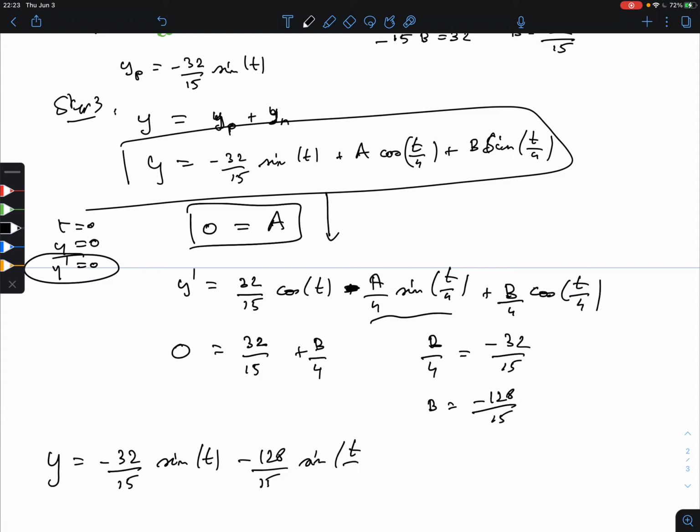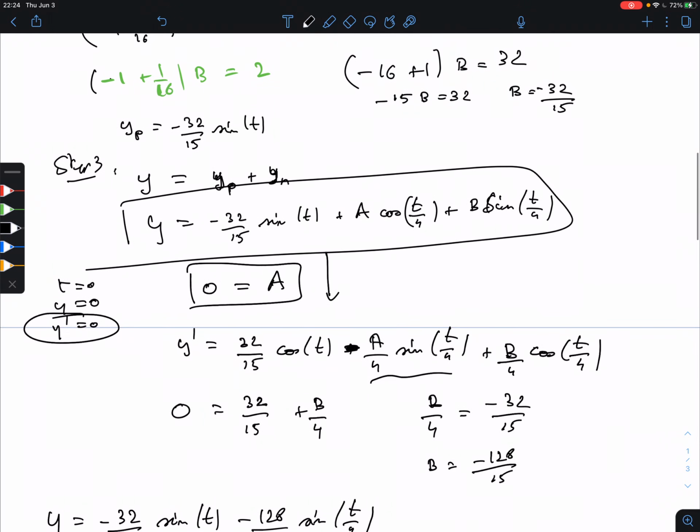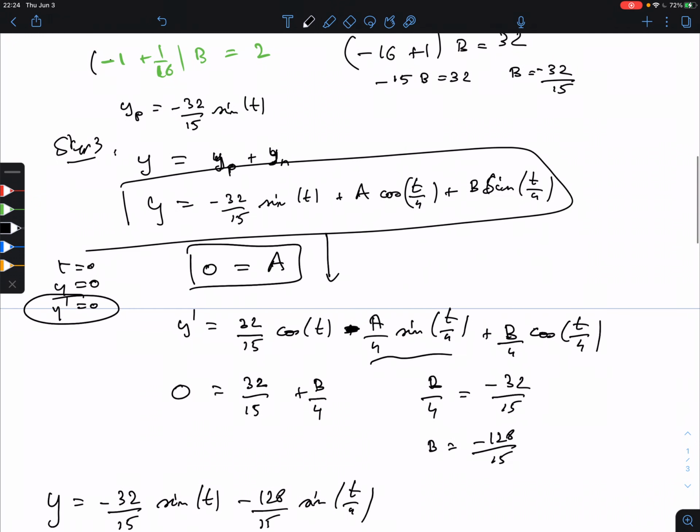And I just want to double check that I didn't make any silly mistakes. Well, it seems I made a sign mistake. Did I? Wait, let me see here. The t over 4 should be a positive constant here.